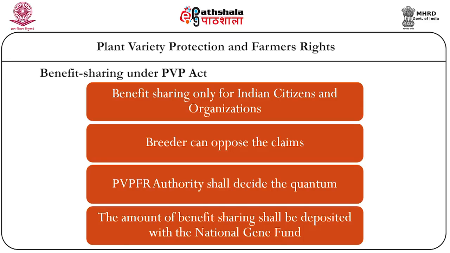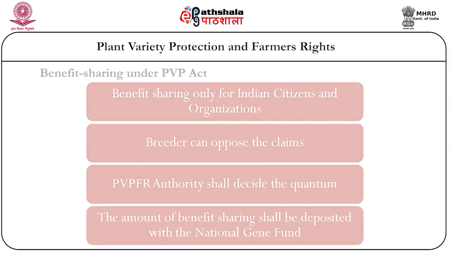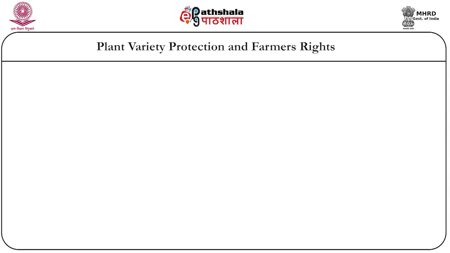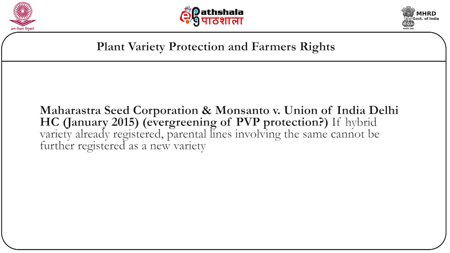Now, there is a very recent case that exposes how breeders have sought to evergreen the protection available under this Act. In Maharashtra Seed Corporation, Monsanto and others versus Union of India, the Delhi High Court in January 2015 had a very important question to answer.